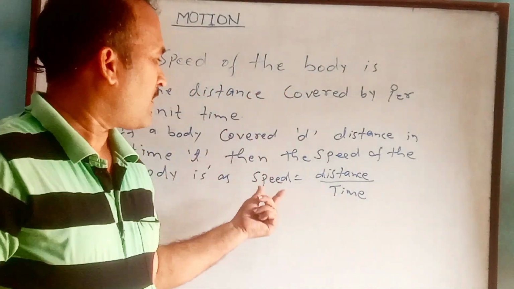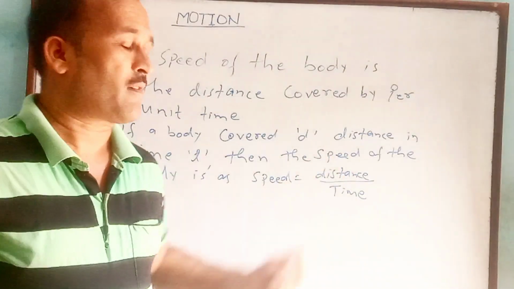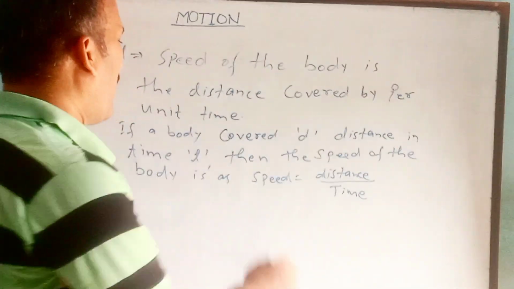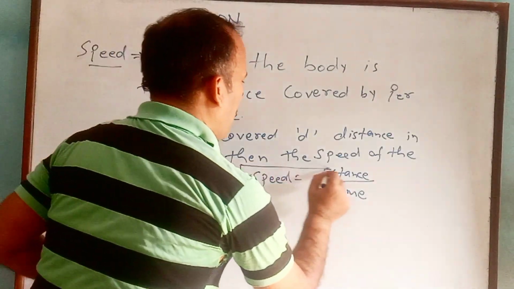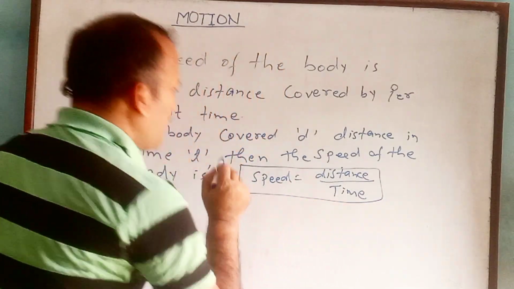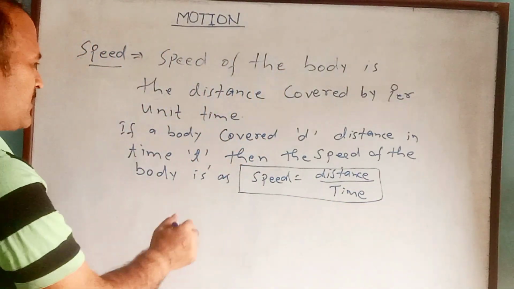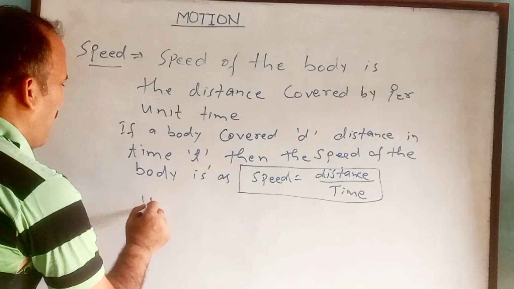Speed of the body is calculated by this formula, total distance upon time.